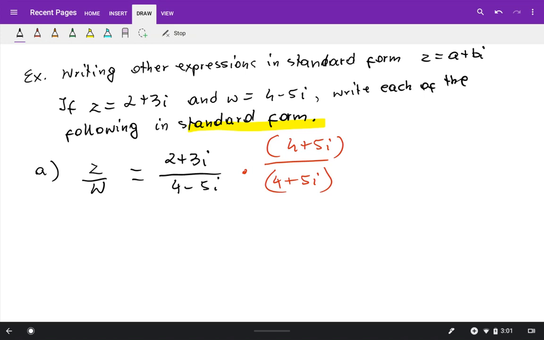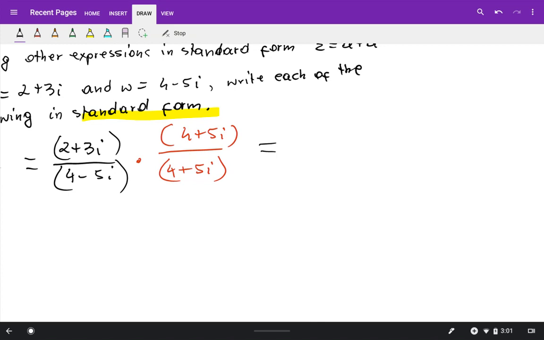Okay, so we multiply numerators. Remember, you have to FOIL. So we have 2 times 4, we have 8, plus 2 times 5i, which gives you 10i, then 3i times 4, which is 12i, and 3i times 5i, that will give you 15i squared.